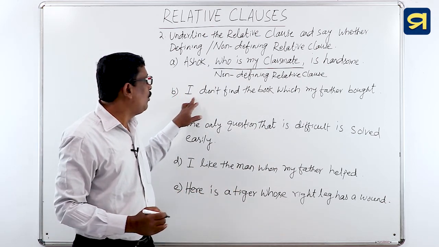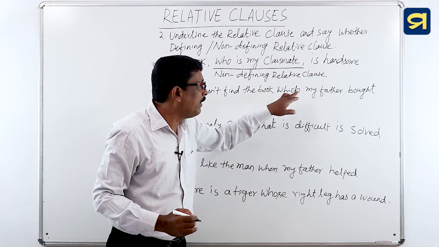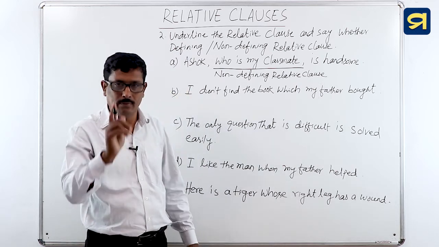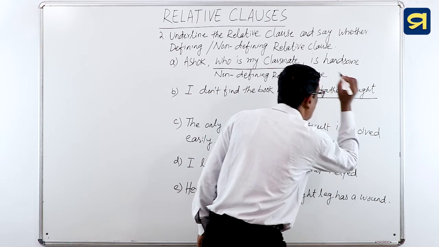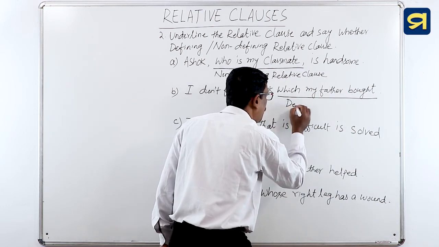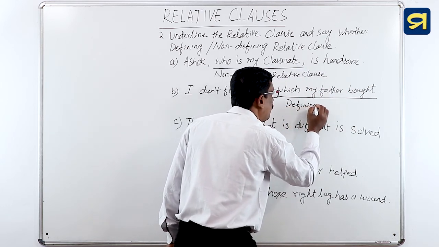B. I don't find the book which my father bought. Very good. Which my father bought is the relative clause and it is a defining relative clause.